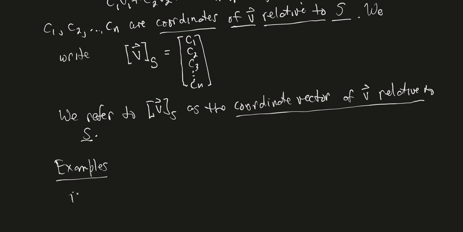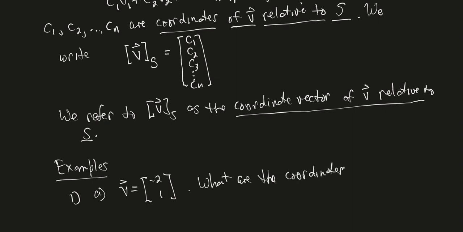This is part A. And here's our vector v, and it's (-2, 1), right? So here's the question. What are the coordinates of v relative to our standard basis for R2?